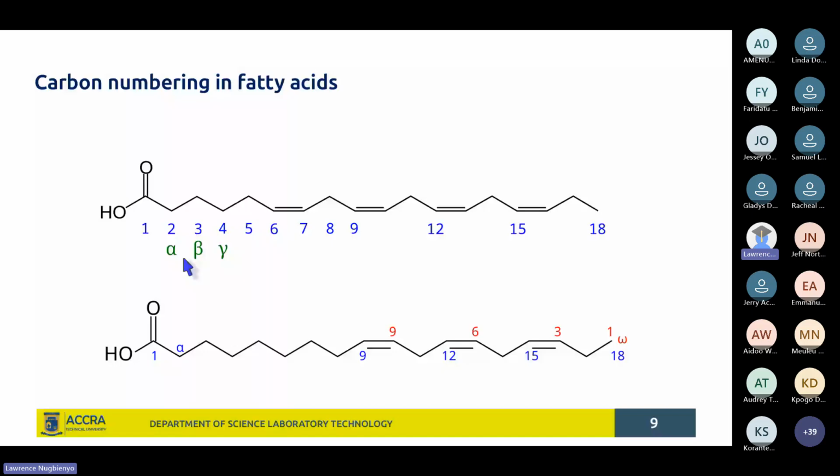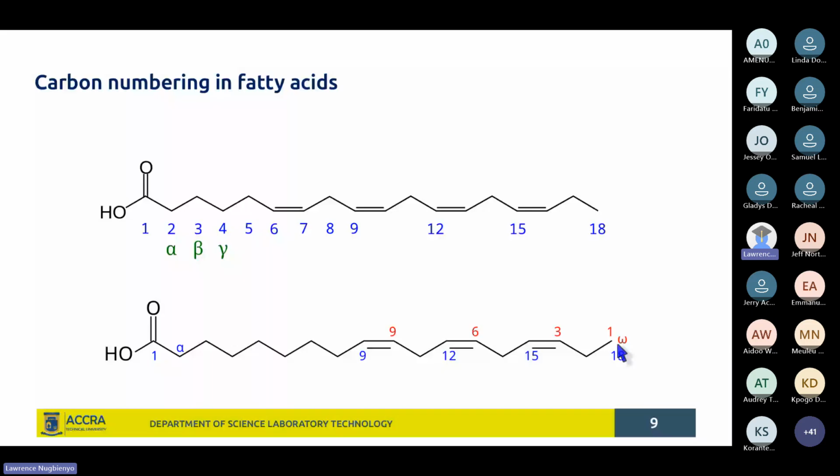Now, you also have numbering from the end of the fatty acid. That is not the carboxylic acid end, but the other end. And that is numbering with omega. Omega is also a Greek letter meaning the last.